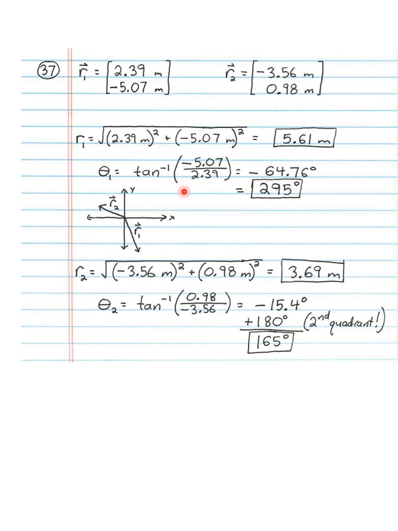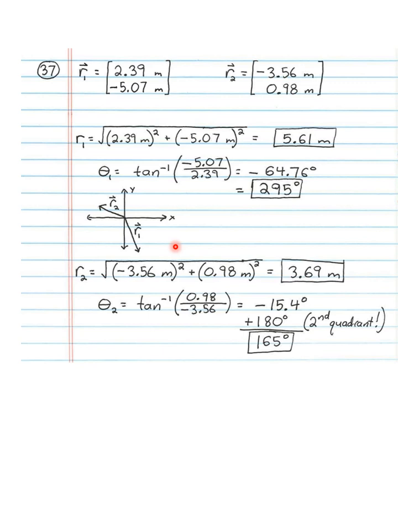Now it's important that we draw a picture so that we can assess what quadrant this is in, and if in fact the answer we've been given is correct. So I've drawn R1, and here we have negative 64.76 degrees is what the calculator gave us, and that's 64.76 below the x-axis. However, normally we express angles in terms of a positive angle between 0 and 360.